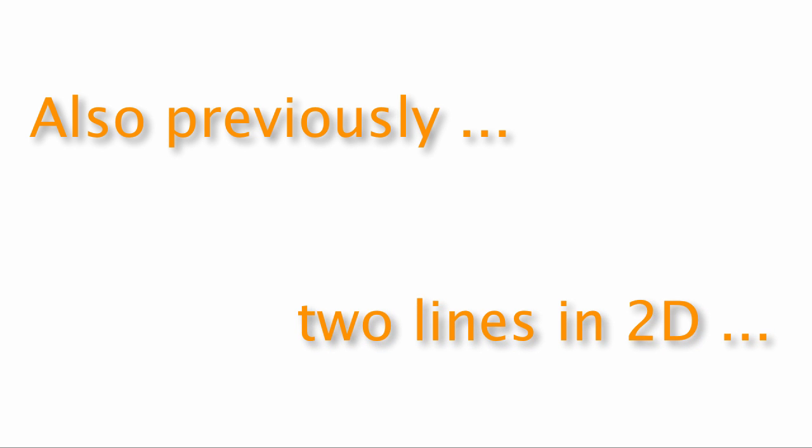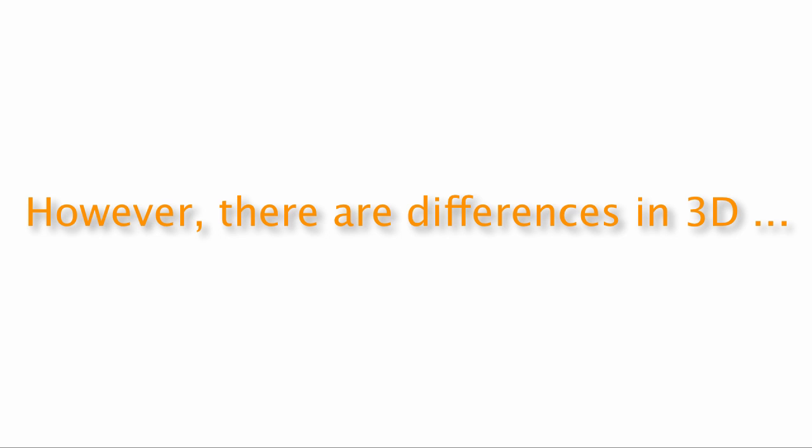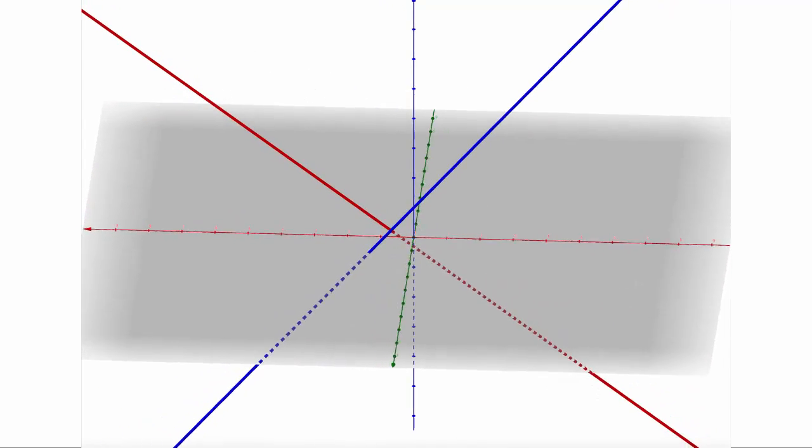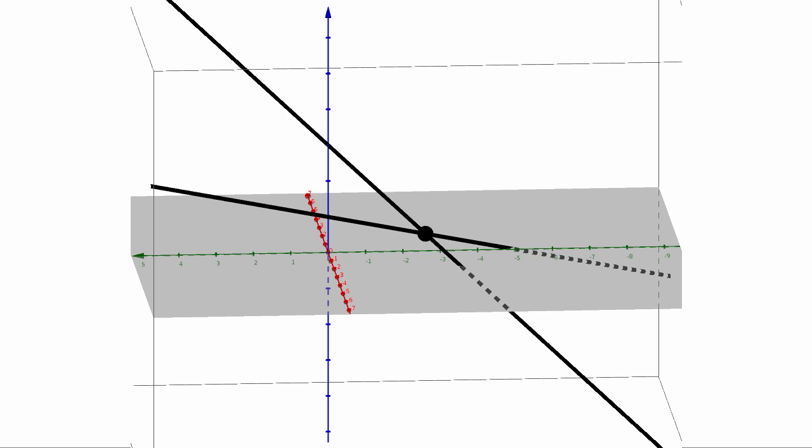Also, from your algebra and pre-calculus courses, you have learned that two arbitrary lines in a two-dimensional setting can either be parallel or intersecting. Well, the situation is a bit more interesting in 3D. So in 3D, given two arbitrary distinct lines, they can intersect, which means they have a common point.